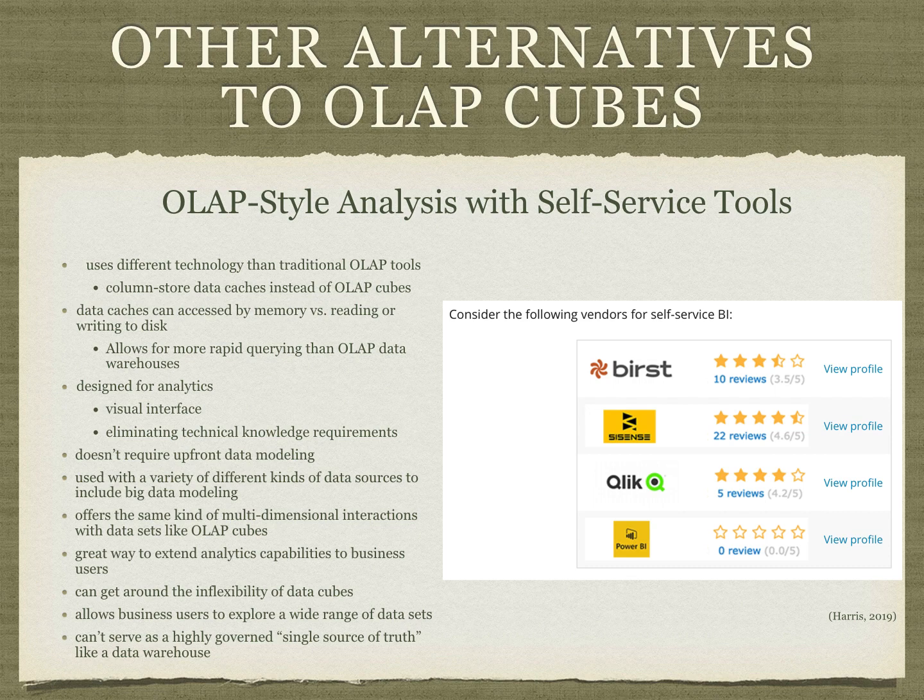The data caches can be accessed by memory versus reading or writing to disk, which allows for more rapid querying than OLAP data warehouses. It is designed for analytics using visual interfaces that eliminate technical knowledge requirements on the business user's behalf. It doesn't require upfront data modeling.